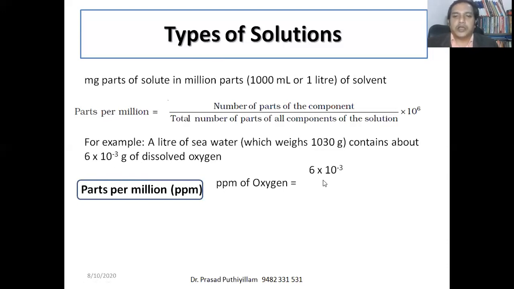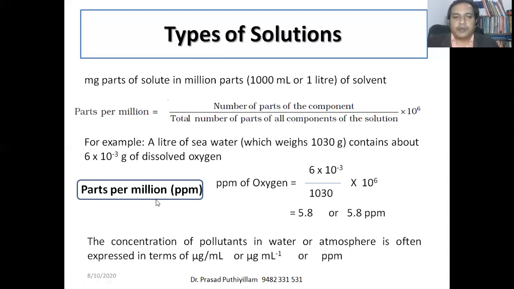So 6 into 10 to the power minus 3 upon 1030, multiplied by 10 to the power 6, as per the equation given. If you calculate, that is 5.8. In this particular example, the oxygen content is 5.8 ppm. So 5.8 parts per million is present in the taken liter of seawater.